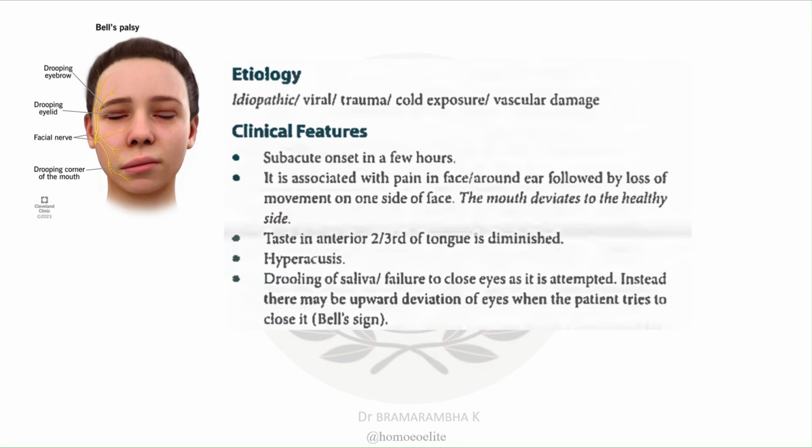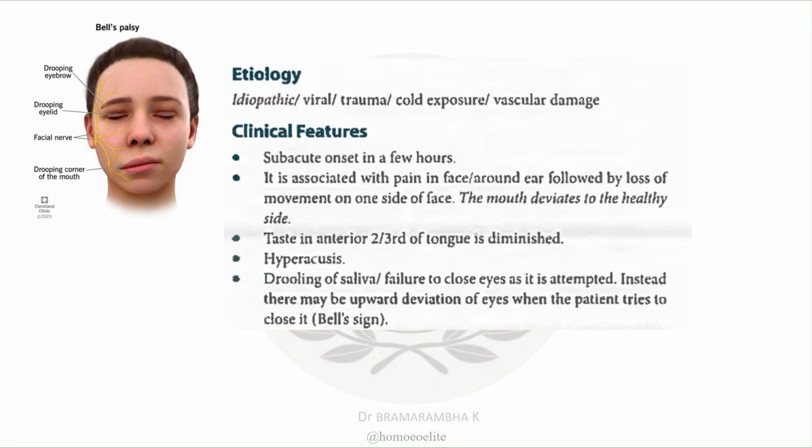Symptoms of Bell's palsy: firstly, it is a subacute onset over a few hours. Causes could be idiopathic, viral, trauma, cold exposure, and vascular damage. It is mainly associated with pain in the face or around the ear, followed by loss of movement on one side of the face. The mouth deviates to the healthy side. Taste in the anterior two-thirds of the tongue is diminished.